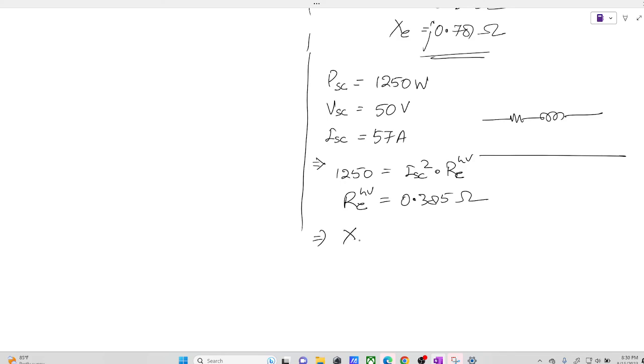What about XE? Yes, sir, under root of Z equivalent minus resistance. Yes, XE will be obtained this way. You can find ZE equals VSC by ISC. We get 50 divided by 57, that is 0.88 ohm.